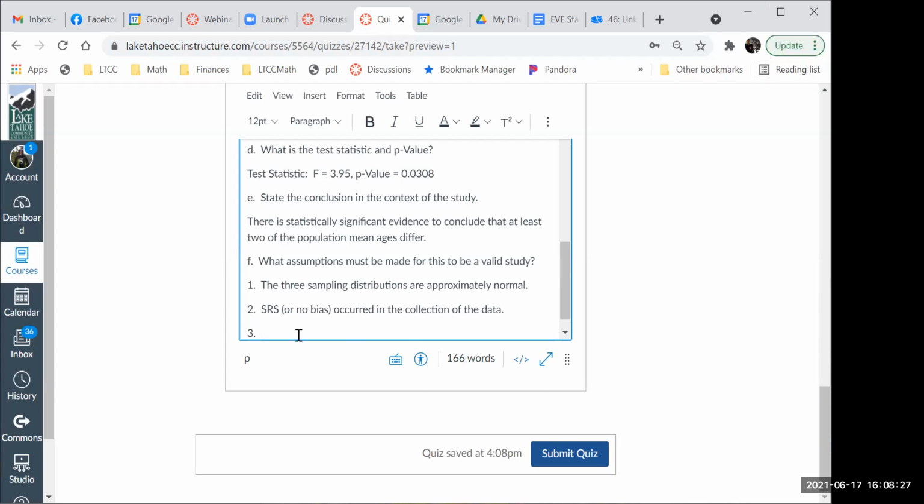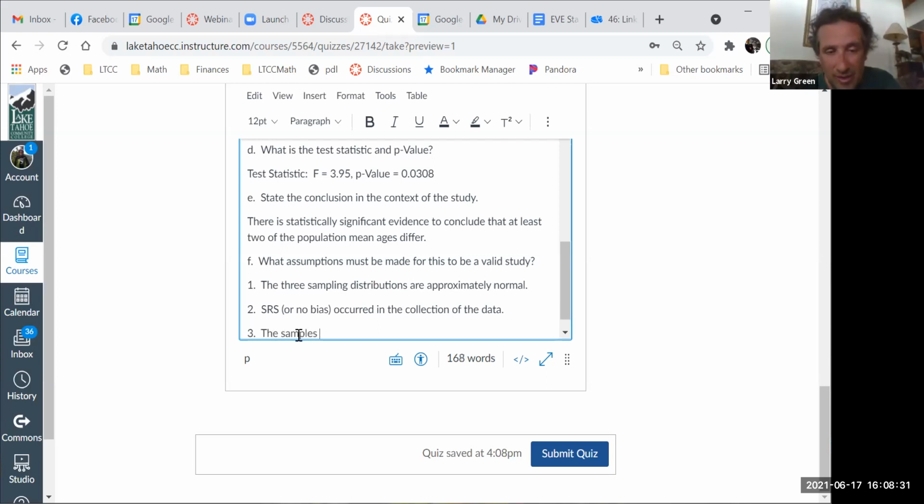The samples are independent. Okay, the samples are independent of each other.